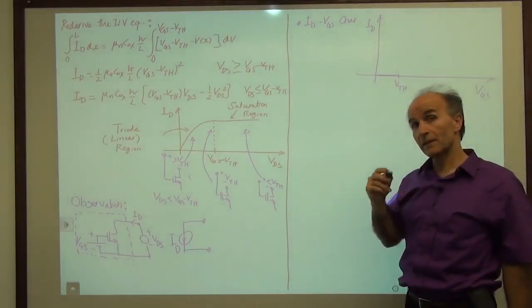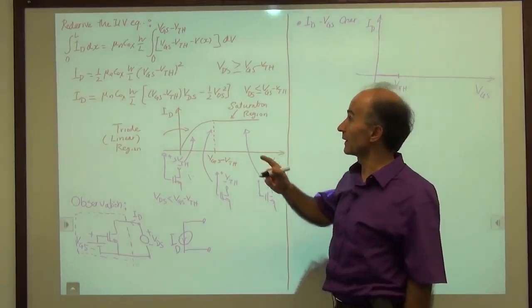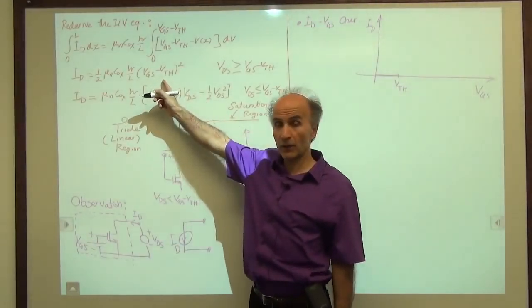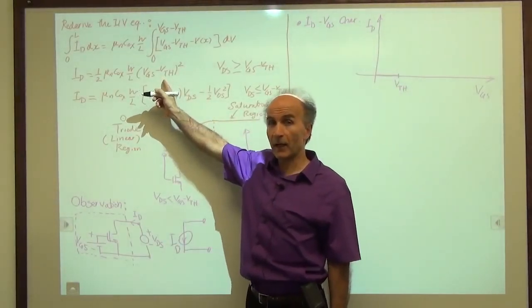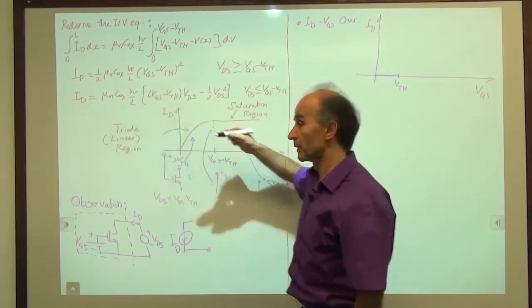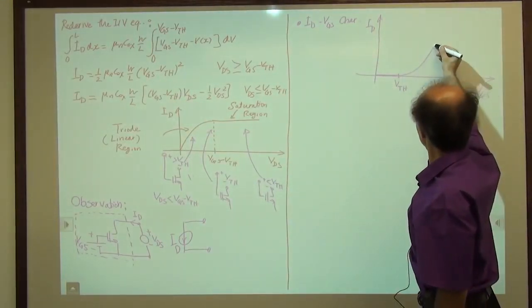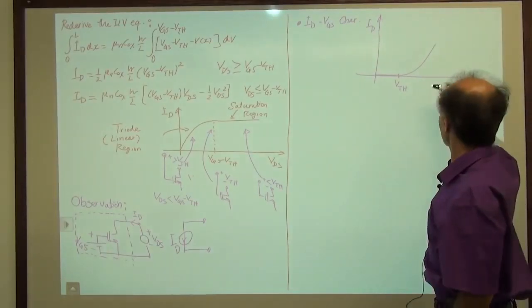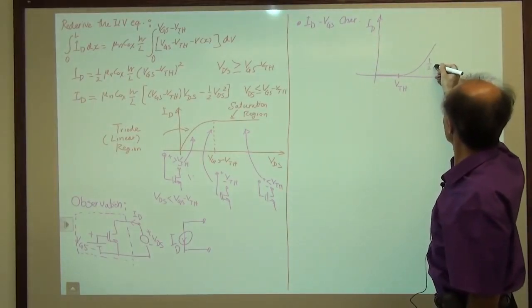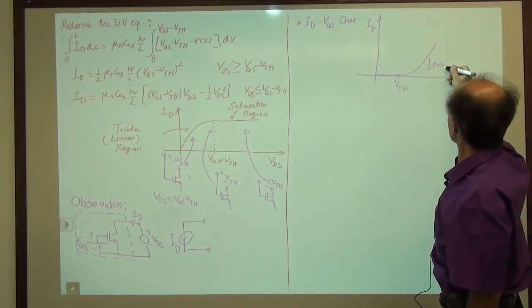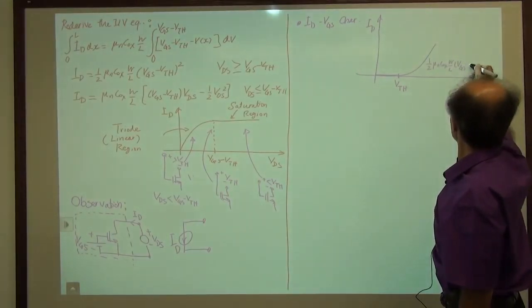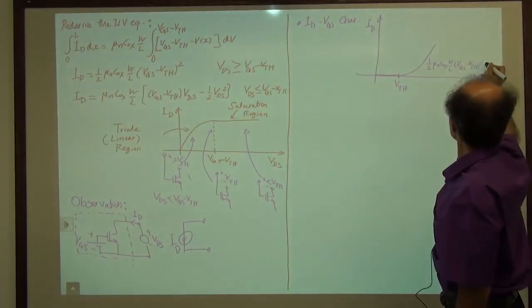Once VGS exceeds the threshold, we use this equation, the saturation equation, and we see that now we have a square law behavior, a quadratic behavior. So what we have here is 1/2 of mu n C ox W over L (VGS minus VTH) squared.